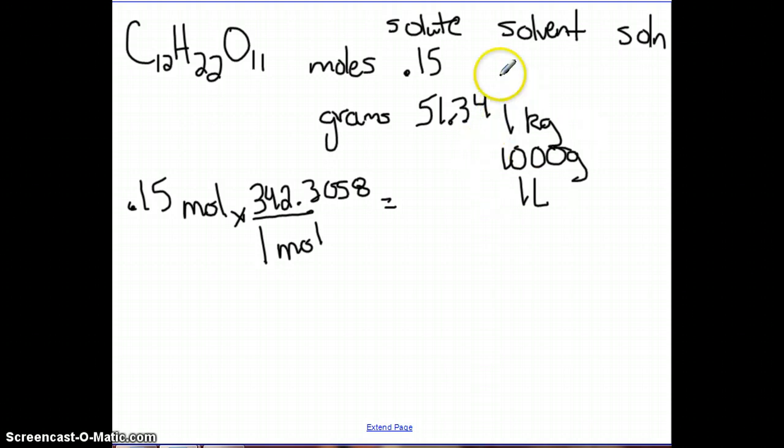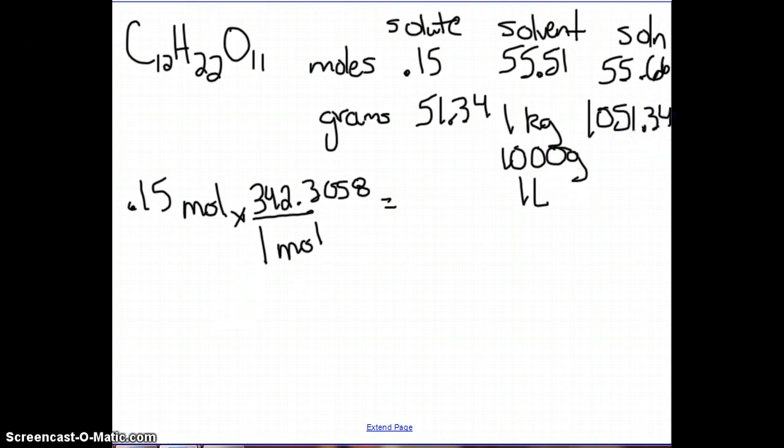And again, we're going to cheat. We know that 1 kilogram is 55.51, which gives us a total of 55.66 for our moles of solution. And then 51.34 plus 1,000 is 1,051.34.